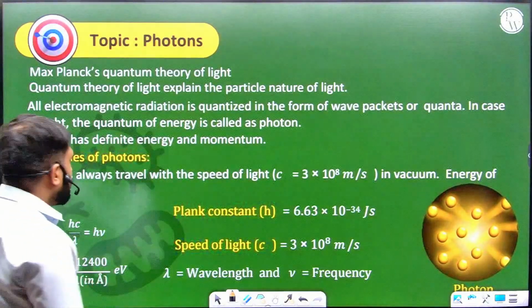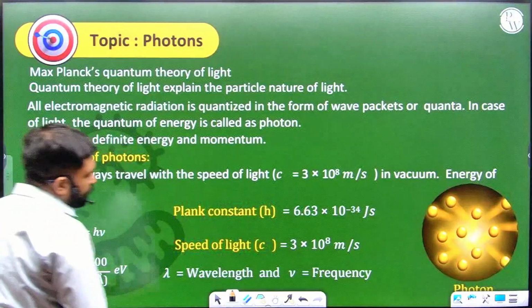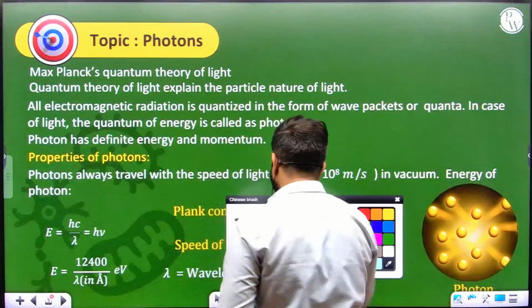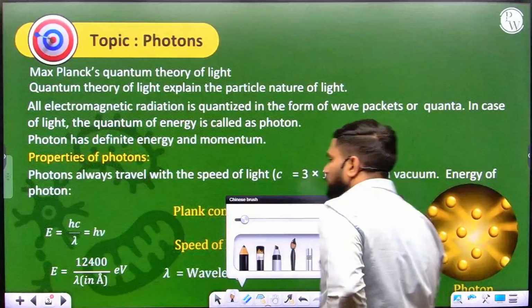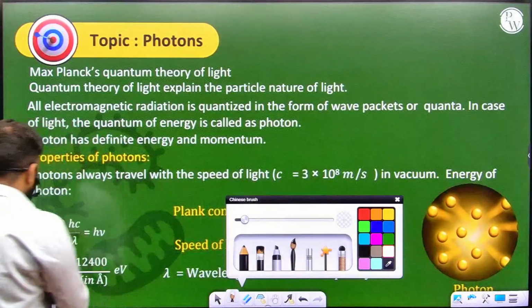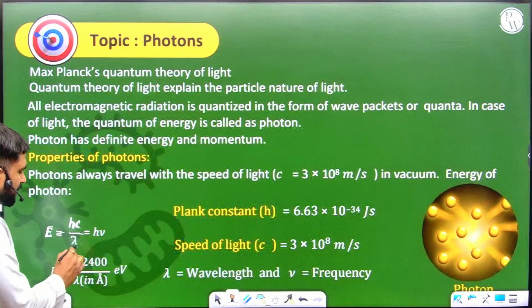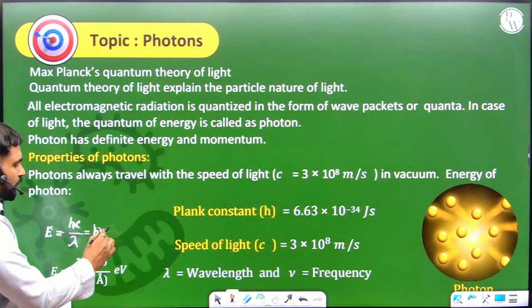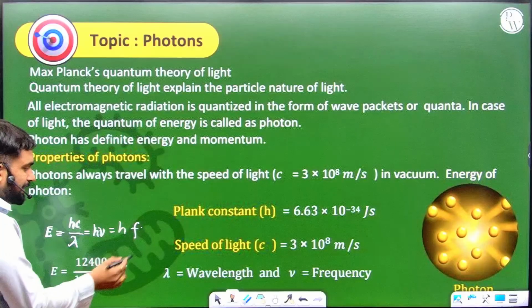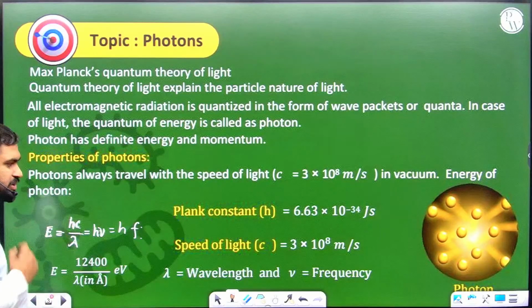Okay. Now for the energy of the photon, we must remember the formula. The energy of a photon can be written as hc/λ or hν, which is basically hf. f is the frequency, ν is the frequency.